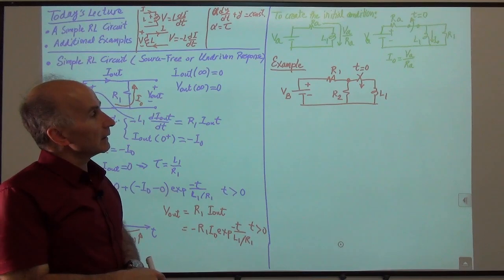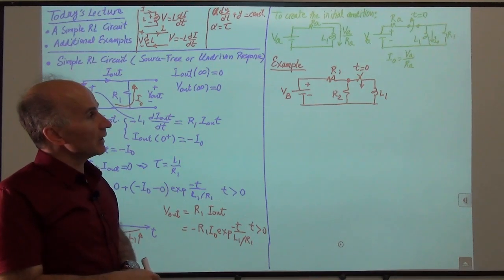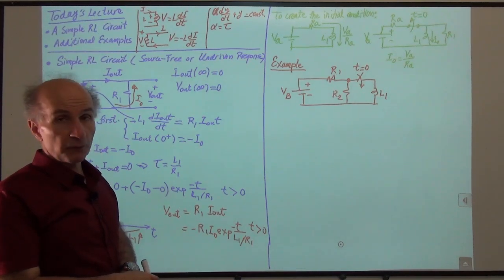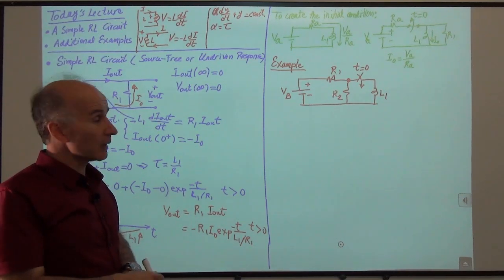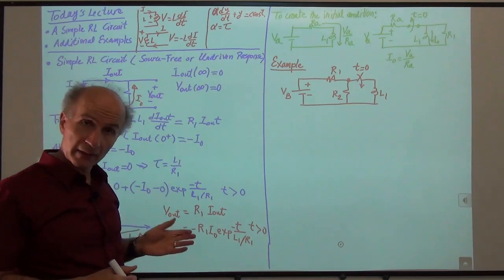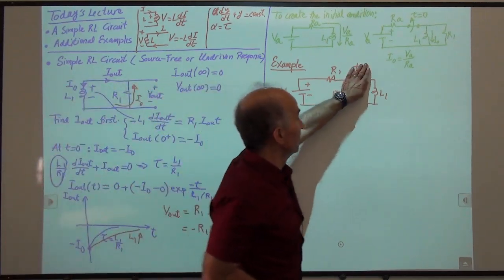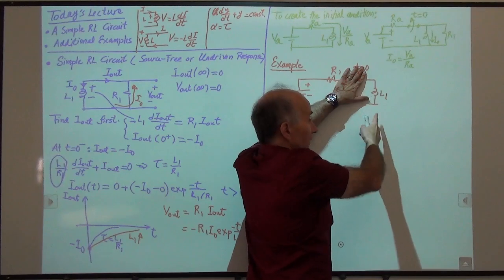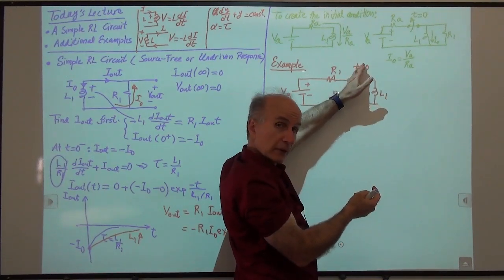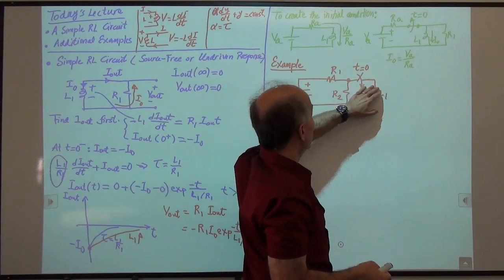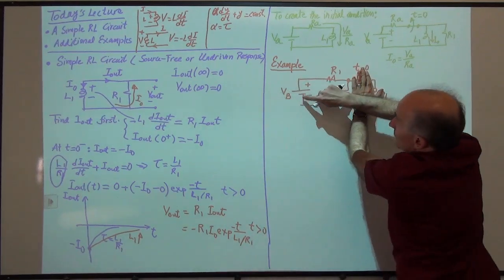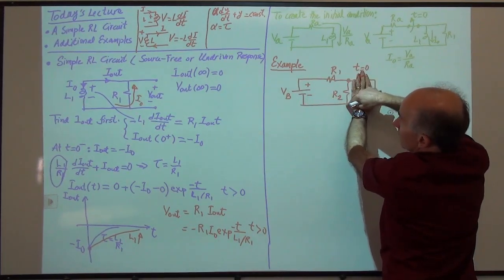All right, well, the first question is what happens before time 0? Before time 0, that switch is not conducting, so it's an open circuit here. We cannot possibly have any current through the inductor because it's connected to an open circuit, right? So this current is 0, and we have this loop circuit here.